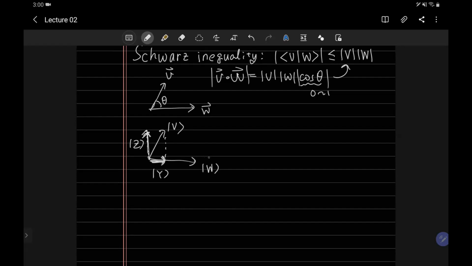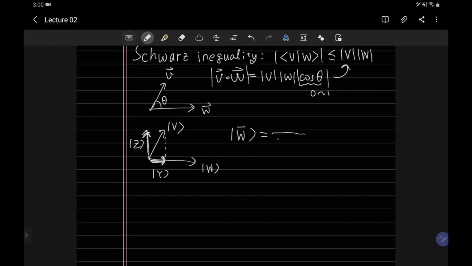To find out the projection, what we should do is first calculate the normalized W. Let me call that W bar. Normalizing a vector means it will be parallel to the original vector, but the length will be 1.